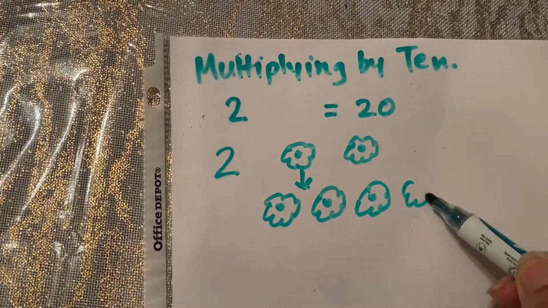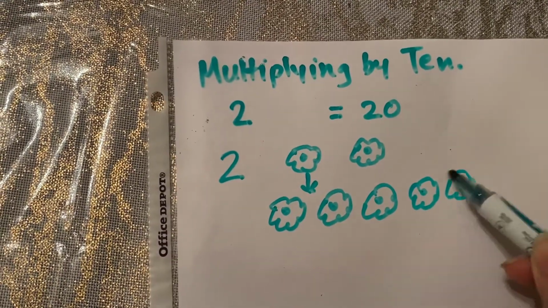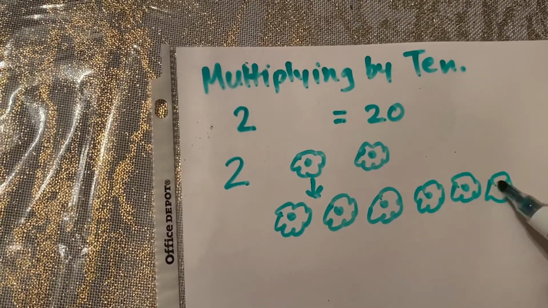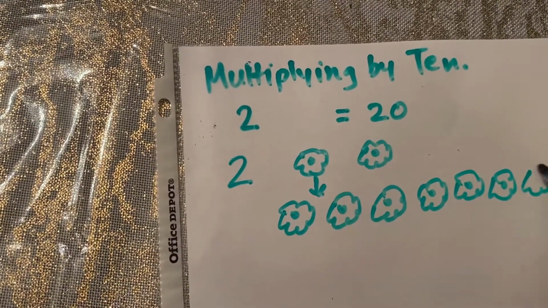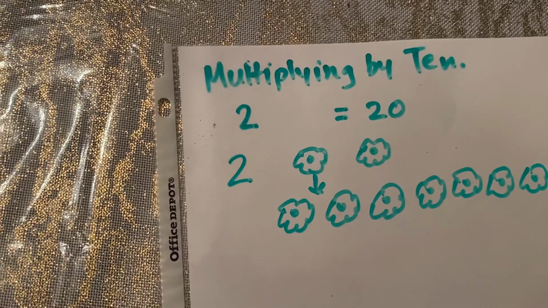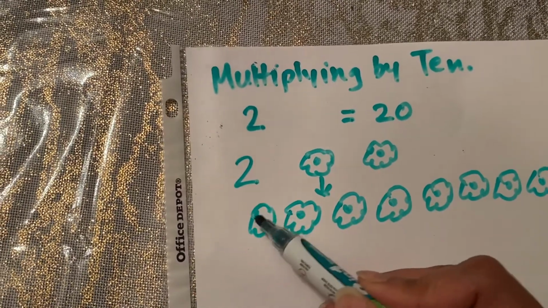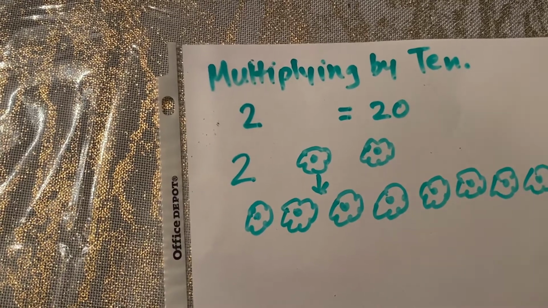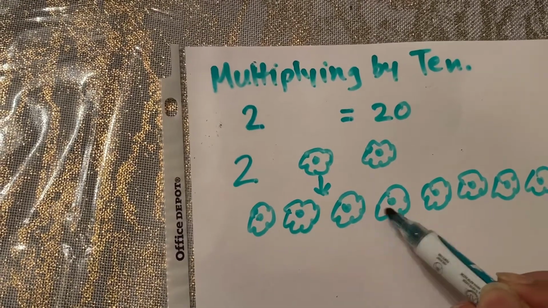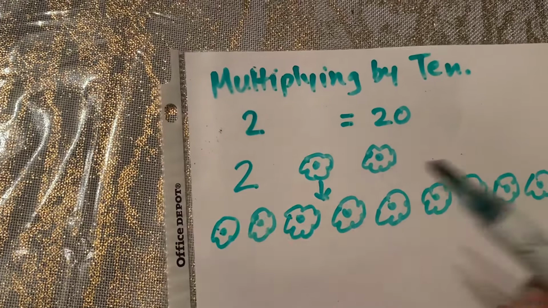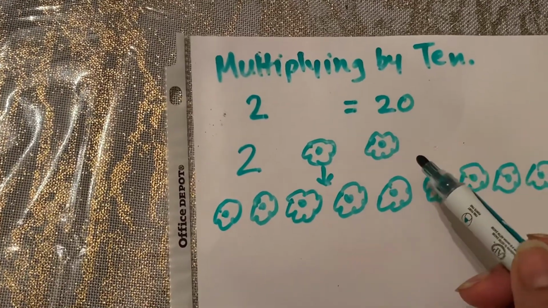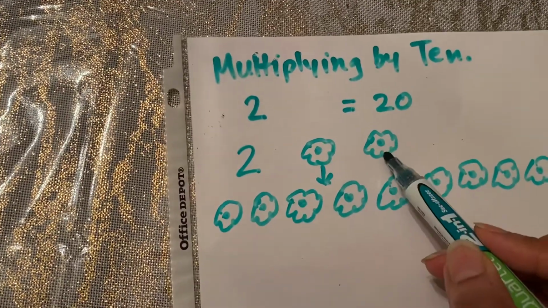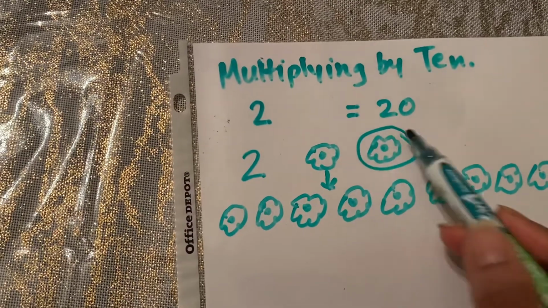I have 10 times more of this flower. 6, 7, 8, 9, 10. 1, 2, 3, 4, 5, 6, 7, 8, 10 more. So then I would draw 10 times more of this flower too.